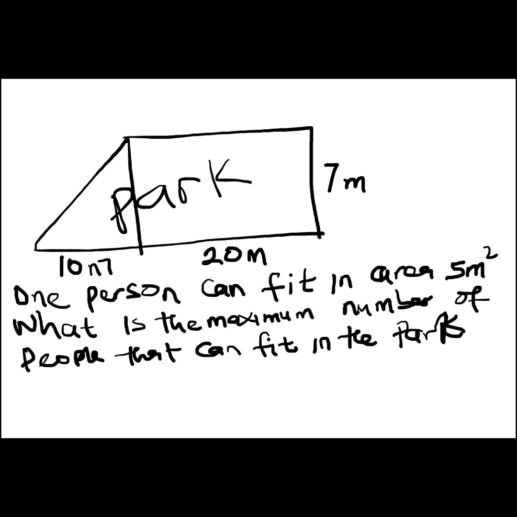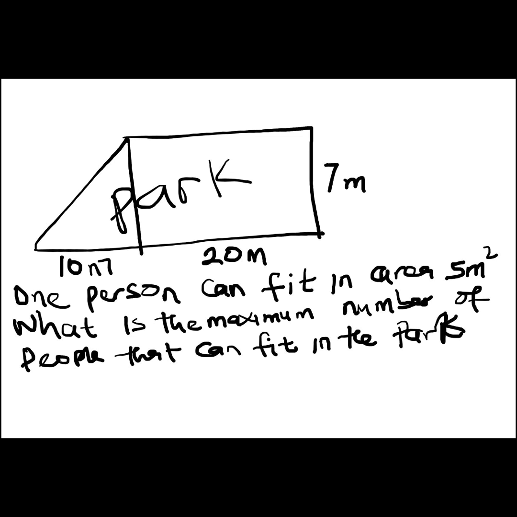Then 20 times 7 gives you 140. Then you add it together, 140 plus 35, it gives you 175. Then divided by 5. Yes, perfect.